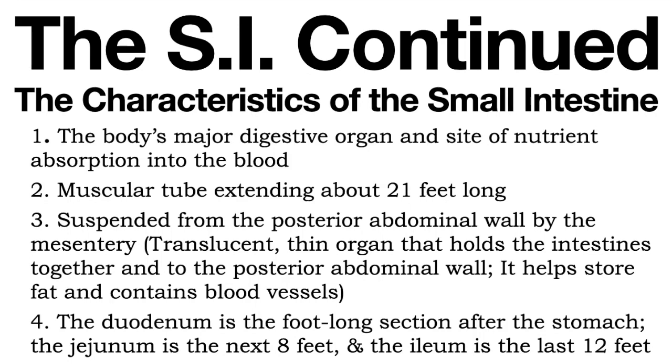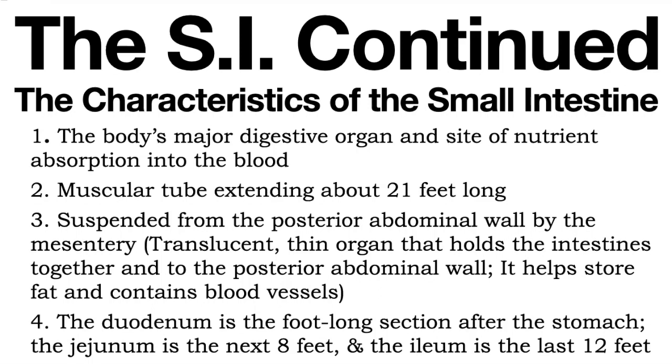The focus of the small intestine is to digest all food materials such as sugars, fats, and proteins. So the pancreas is going to secrete enzymes into the small intestine. The liver is going to secrete enzymes into the small intestine. It's also going to receive enzymes to break down protein.